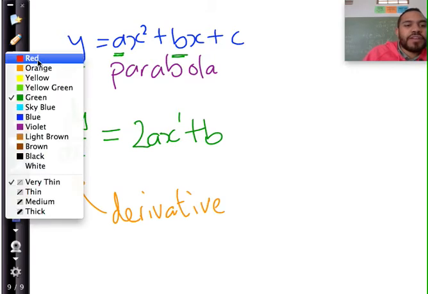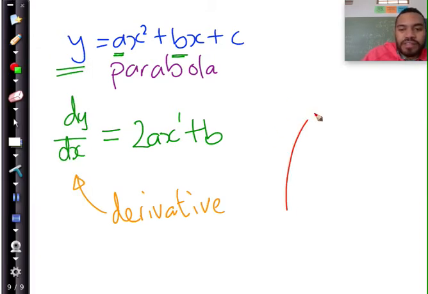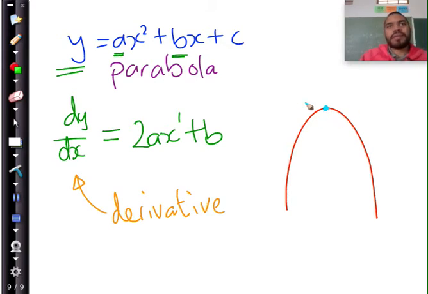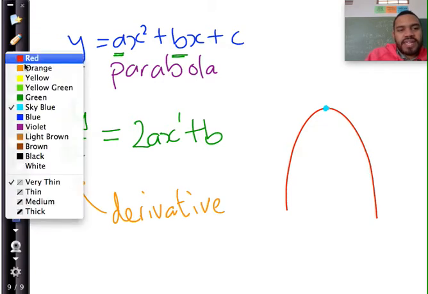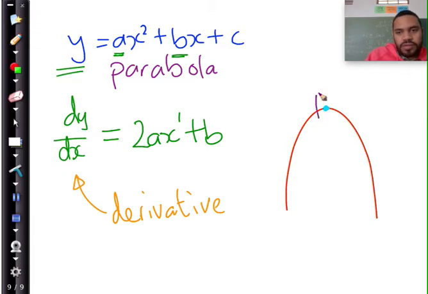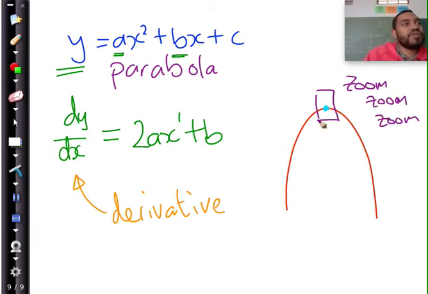Now this is for a graph that is the parabola. So I'm going to show you a parabola like that. And I'm going to take a point. Do you see this point? What point is that? It's the turning point. And what can I do with that point? I can zoom, right? And when I zoom that point starts to look like what?